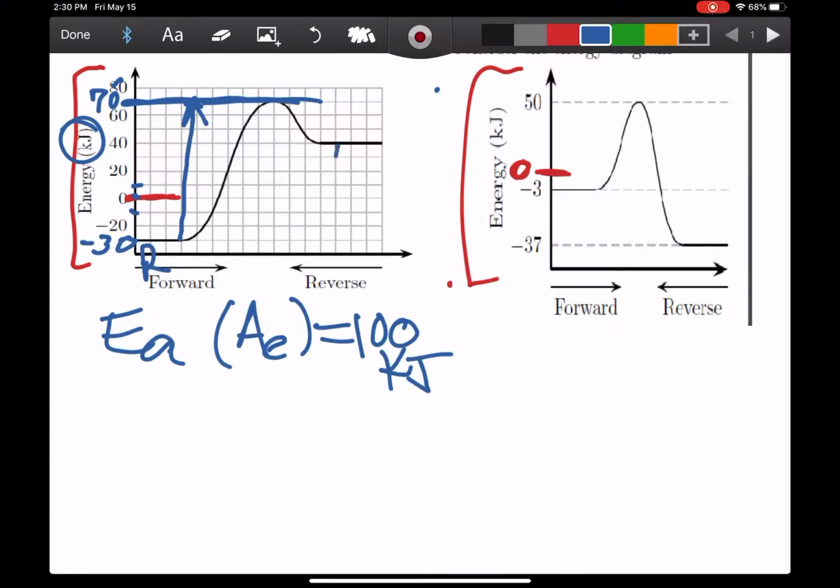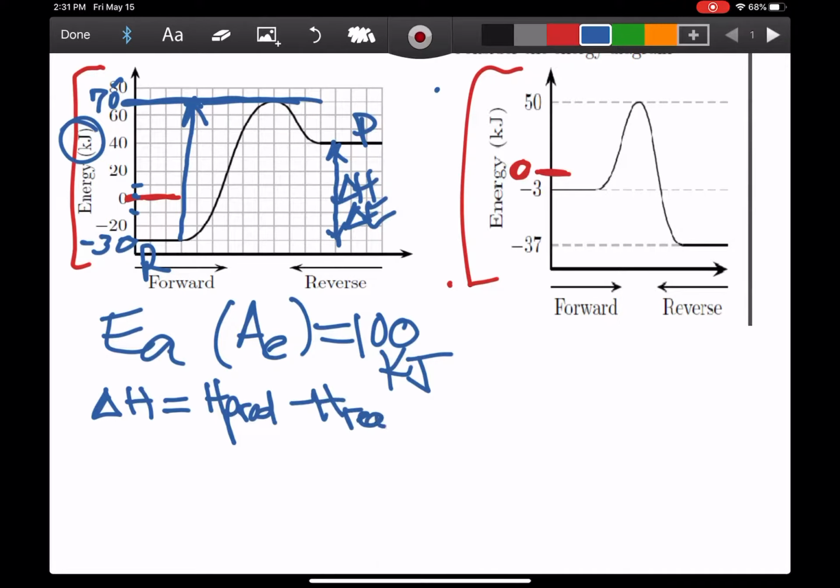What if they ask you on this one to calculate the delta E, delta H, or delta E? Delta H or delta E is the difference between the reactants and the products. So you need to subtract these numbers. So it ends at 40. So it's actually delta H or delta E equals the energy or enthalpy of the products minus the enthalpy of the reactants.